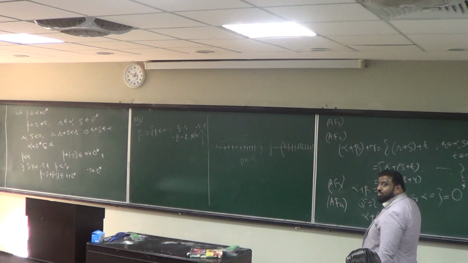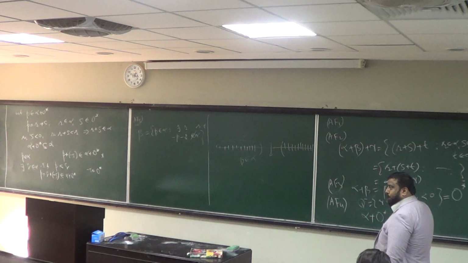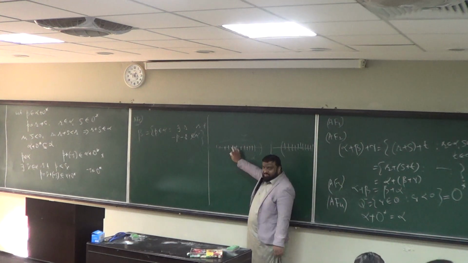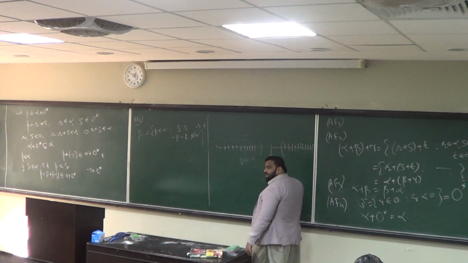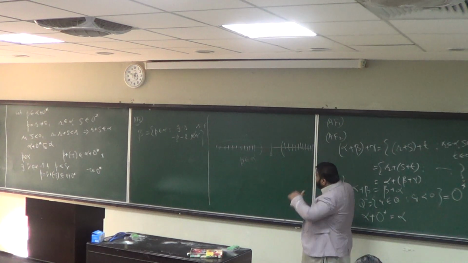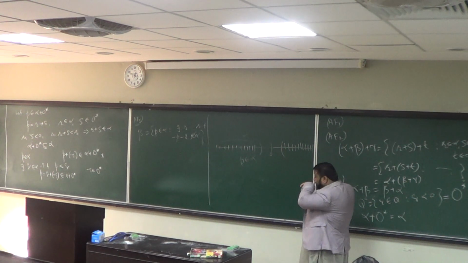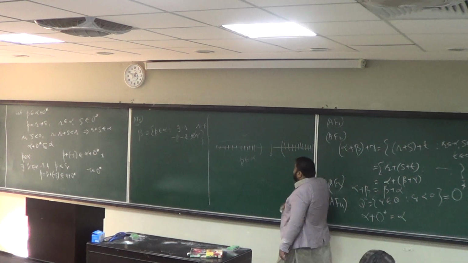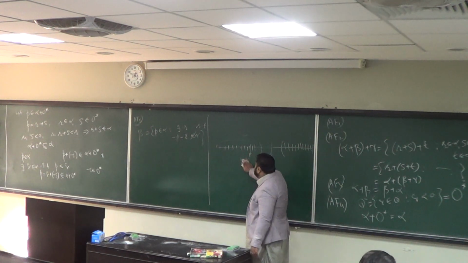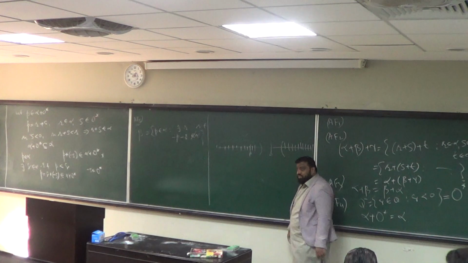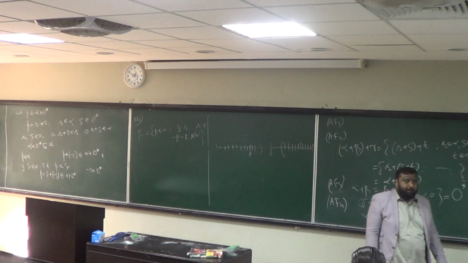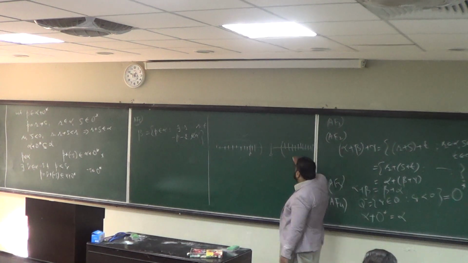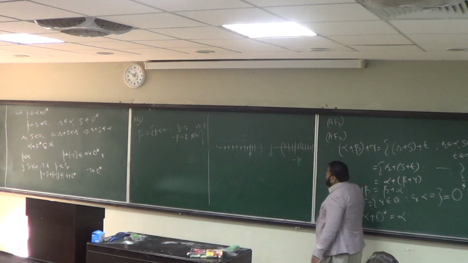If I want to picture this, you have this alpha, and if p is here somewhere, where is minus p going to be? It's going to be to the right side of 0.